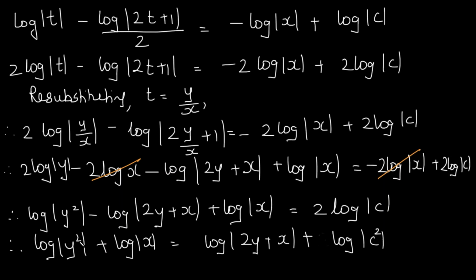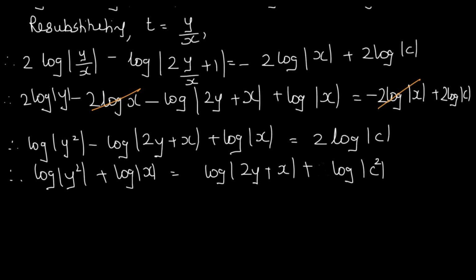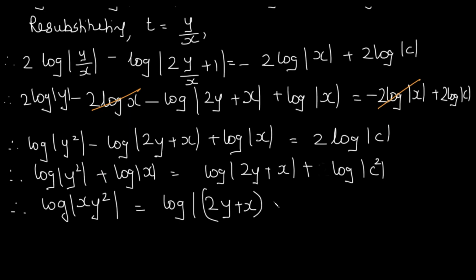Now we come to the last part of the sum where we combine the logs, because we see that only logs are there. There are no powers attached over here. So we combine the logs. There is a plus sign between, and so we can write log xy square is equal to log of 2y plus x into c square.